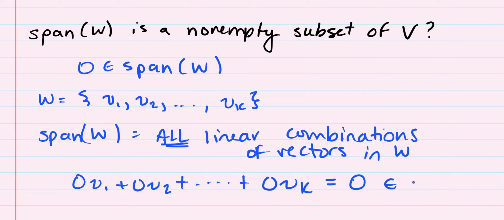So then, because it's a linear combination, it belongs to not W, but the span of W. So that's the first thing you need to check.